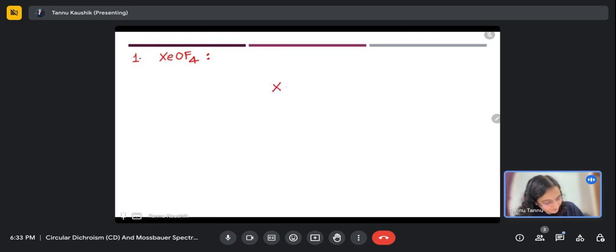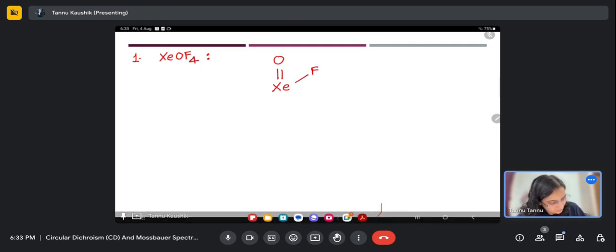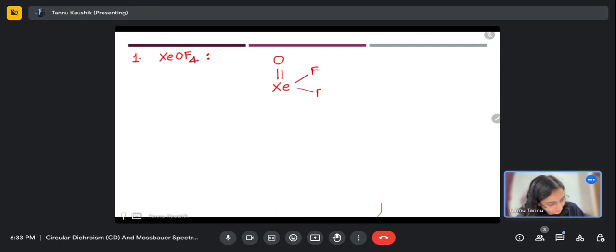So here we have XeOF4. This is square pyramidal geometry.